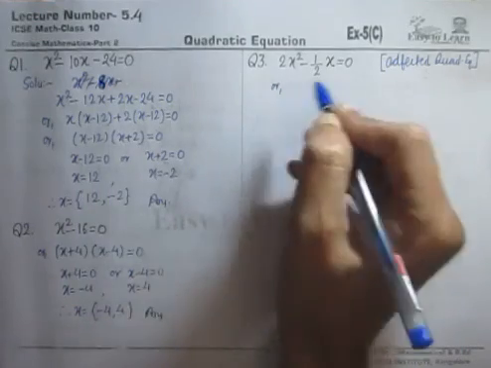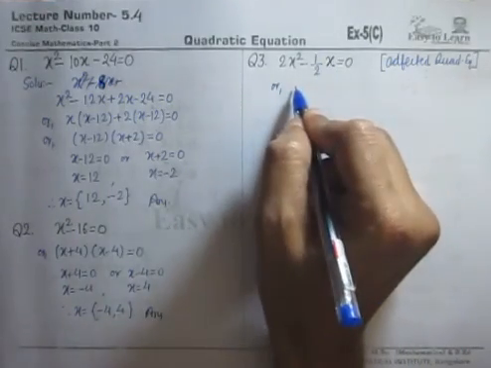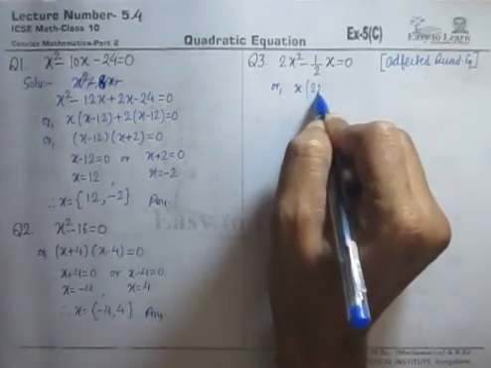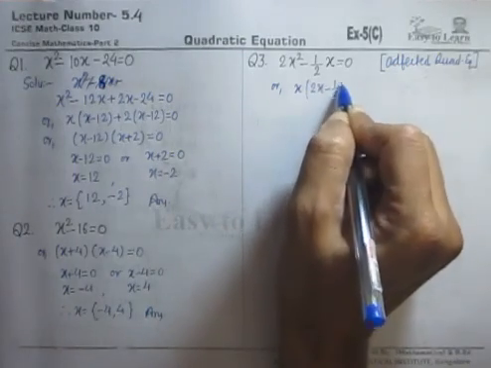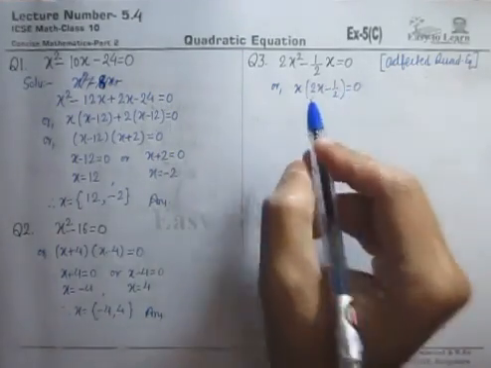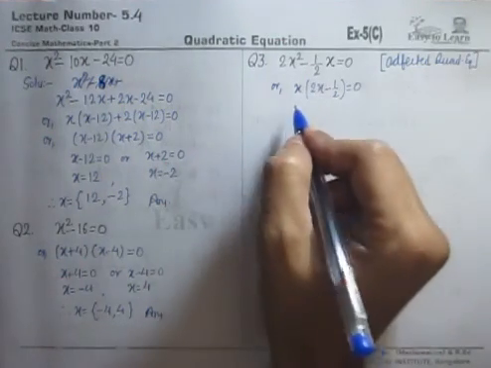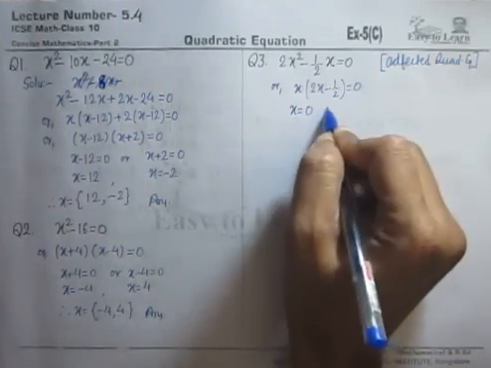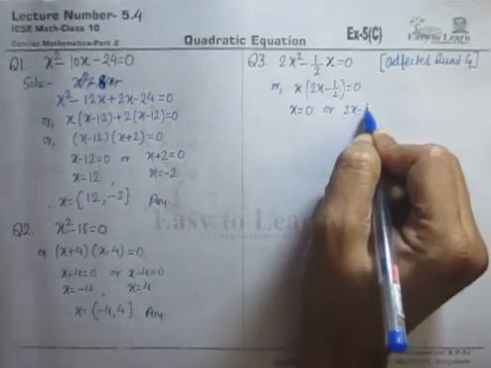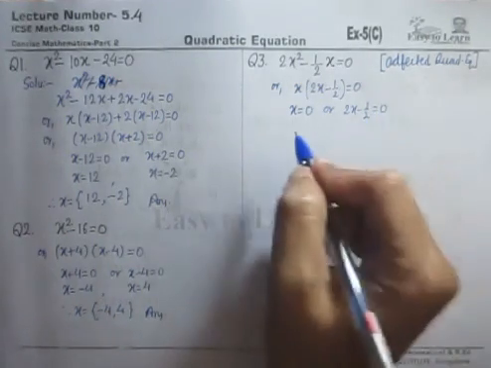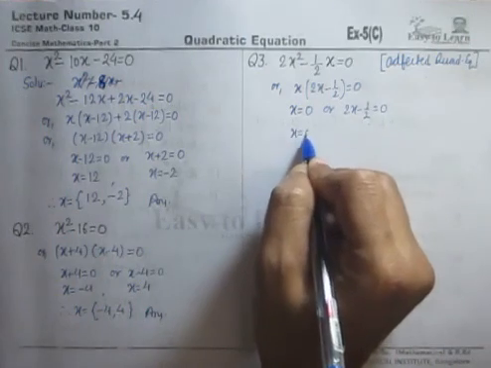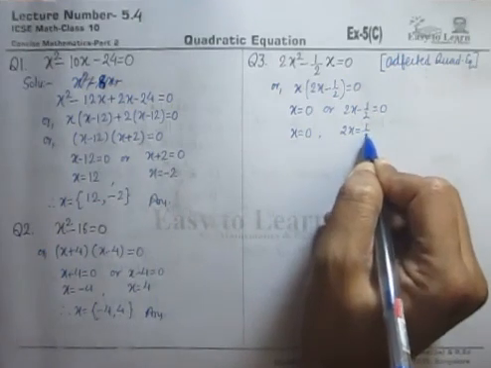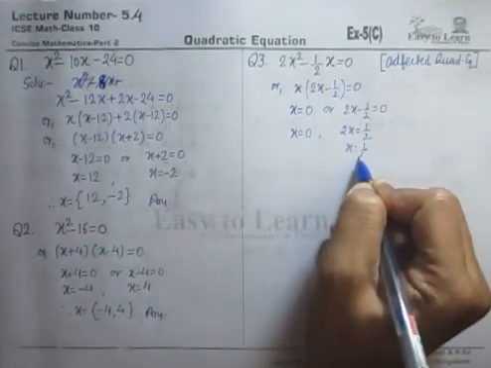Directly you can take common, there is no need of splitting the middle term. So x is common, so right here x into 2x minus half equal to 0. So this is the product of two factors. According to zero product rule, each factor must be 0. So first factor is 0 or second factor is 0. So x equal to 0, or from here we can write 2x is equal to half, so x is equal to 1 by 4.